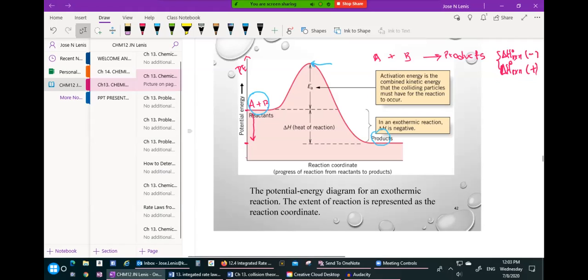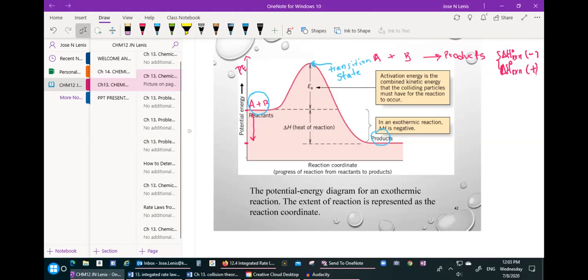Right at the top of the hill, that is what we call the transition state. It is the maximum potential energy. It's a maximum. So before A and B form products, they need to reach that point.